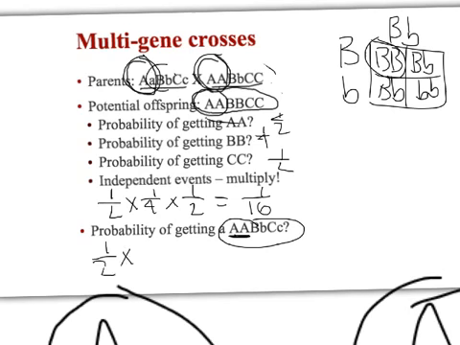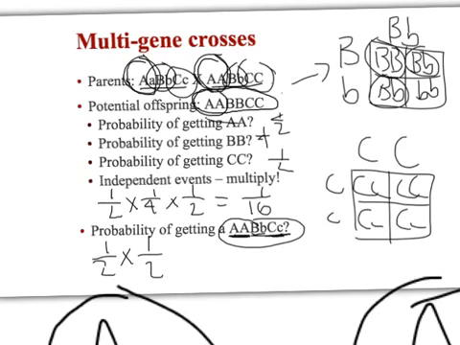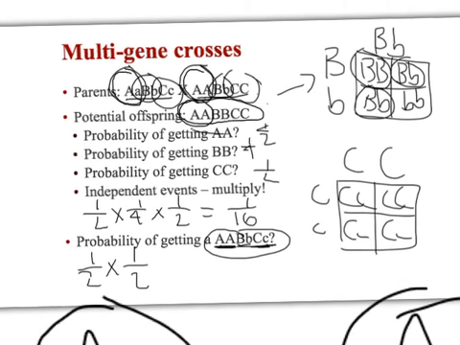If I cross two heterozygotes for B, I did that Punnett square over here, you can see the probability of getting a heterozygote is 2 out of 4, or 1/2. And then the chance of getting capital C, lowercase c, with these two parents, if I do that Punnett square out, and the letter C is awful for Punnett squares because the capital looks like the lowercase, we'll see that the chance, again, is 2 out of 4, or 1/2.